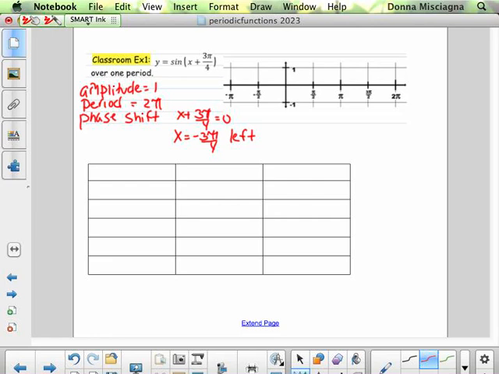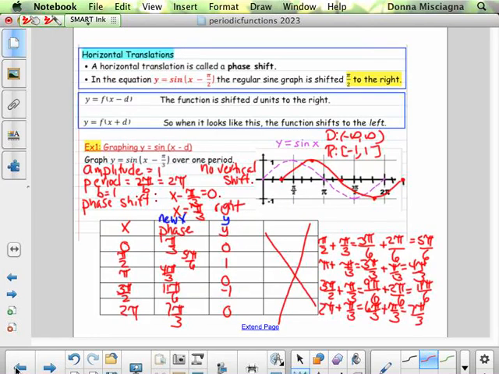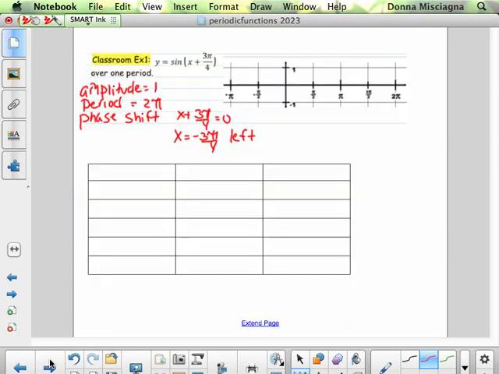On the last one, did I put what we were doing? I don't have a lot of space, but just as a reminder, I'll put on the rest of the columns, but we added pi thirds to get our phase shift. Here we're going to subtract.